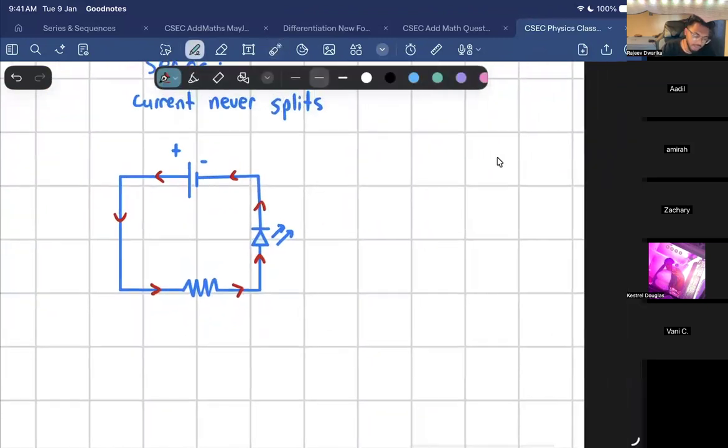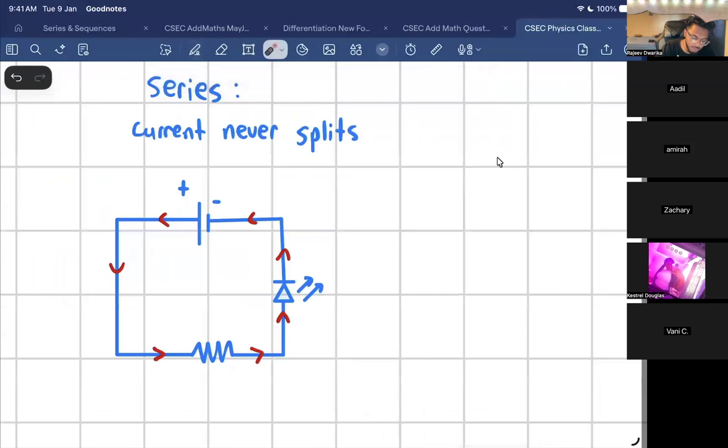Alright, cool. At any point in time, did you see the current split? Is the current always flowing in series, one after the other? It's flowing, but is it splitting anywhere? Let me show you what splitting means.